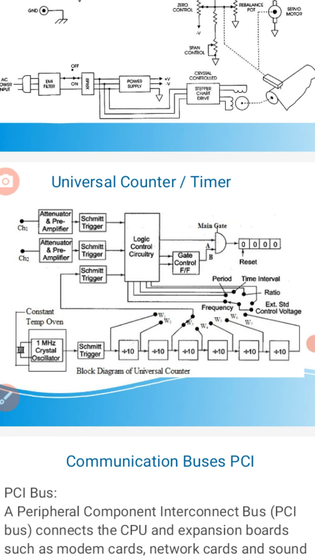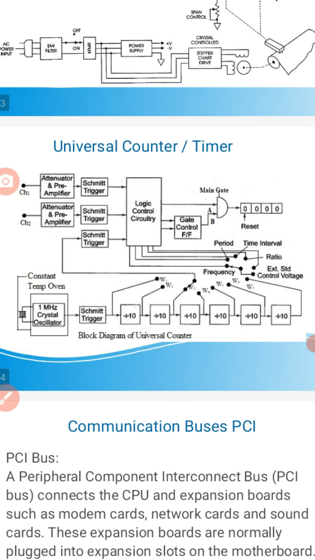That is, the gating signal is obtained from the input signal whose time period is not known. This input signal controls the enabling and disabling of the main gate. Here the controlling signal is the A pin of the main gate and B is the input signal of the time period.